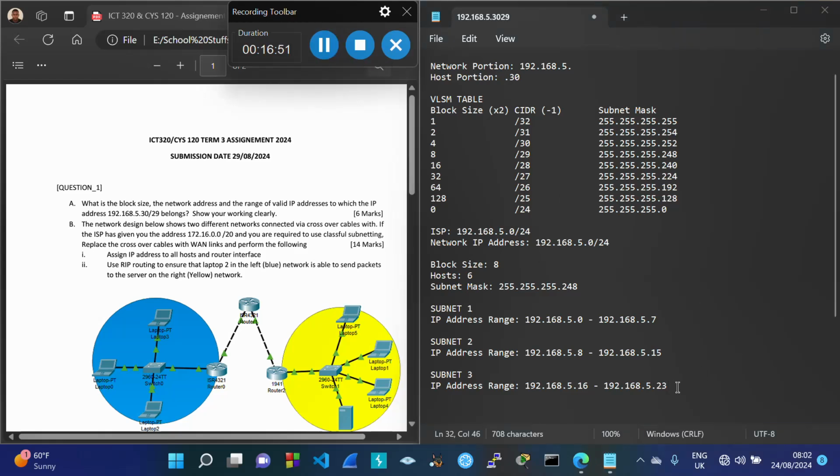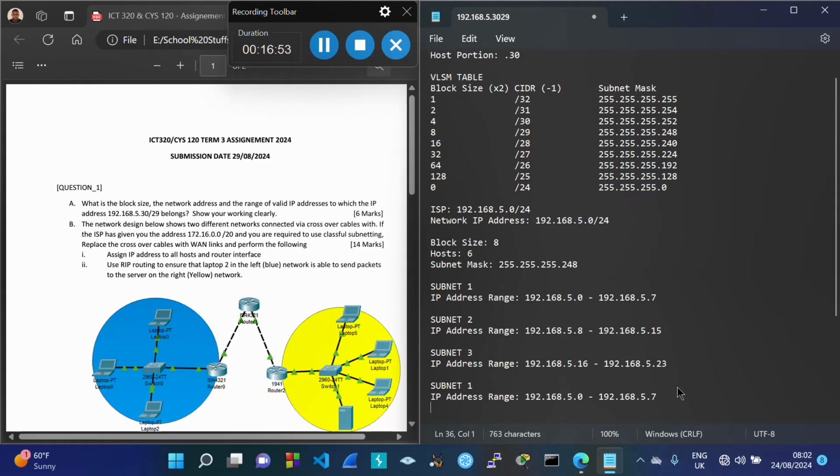Okay, now we got subnet 4. Since we ended at 23, we're going to start at 24. But where are we ending? We say 8 plus 24, which is 32, but we say 31 to maintain the broadcast address.